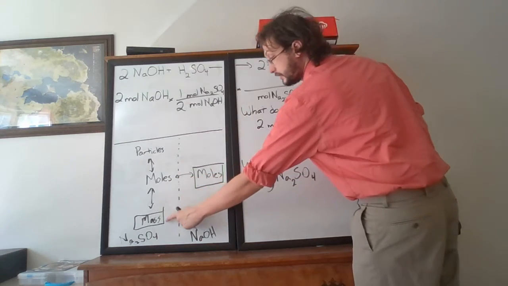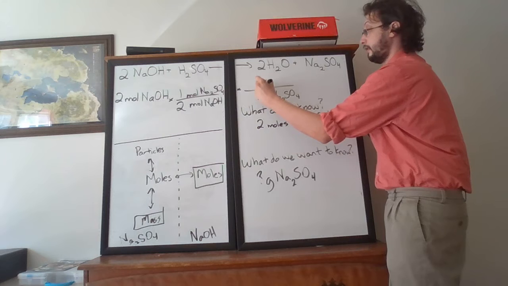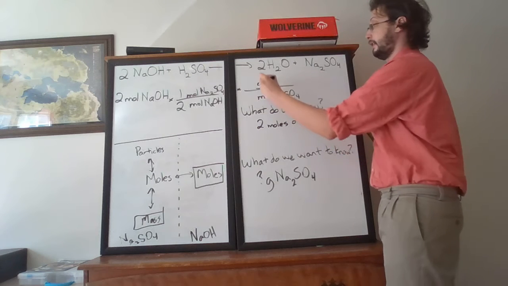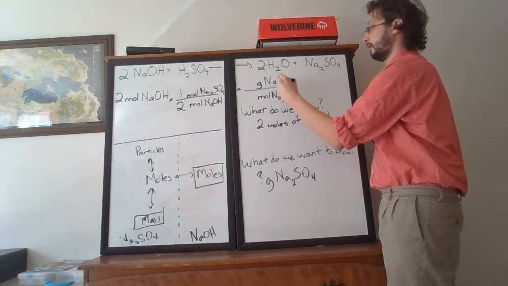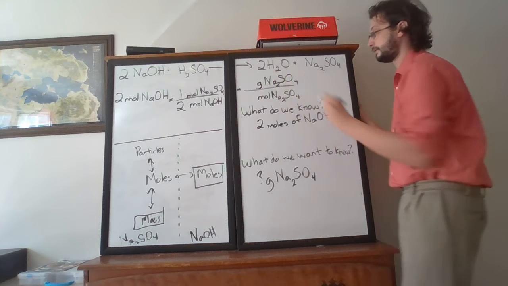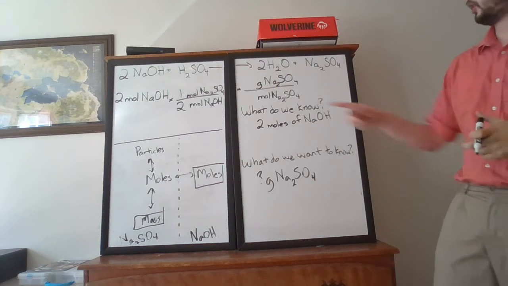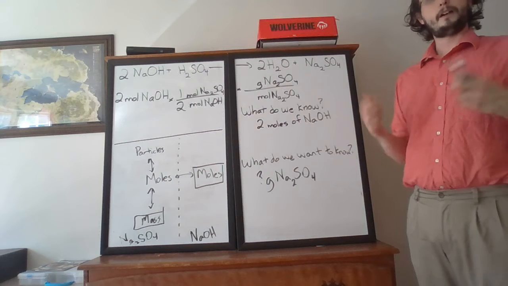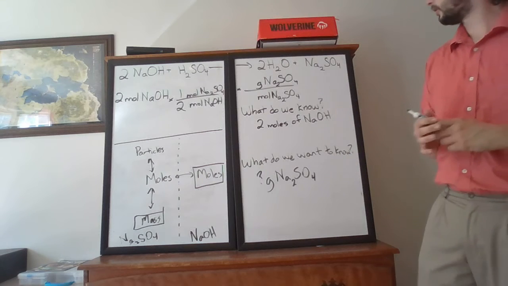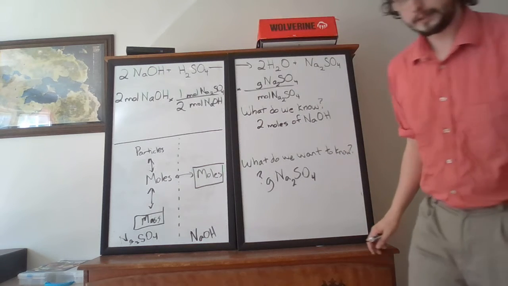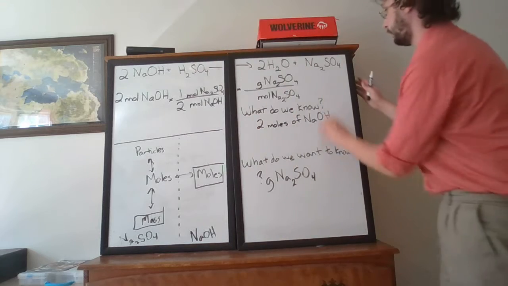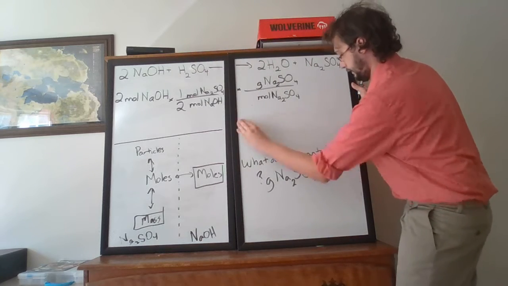And because we're going from moles to mass, the unit for mass is grams, and our substance will still be sodium sulfate. Now we need to figure out what numbers go in these blanks. To find that out, we need to look up the molar mass for sodium sulfate. And as usual, I will actually work this out for you.